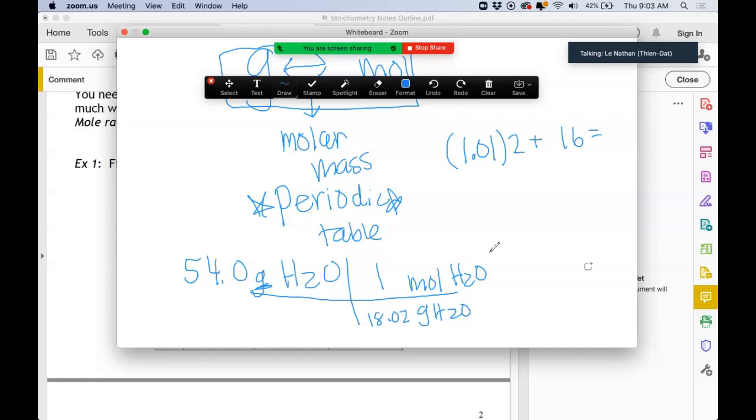Do I round it? Nope, we're not done yet. Because we're not finished with the problem, you don't round yet. Keep the whole number in your calculator. So grams of water cancel, and now we're at moles of water.